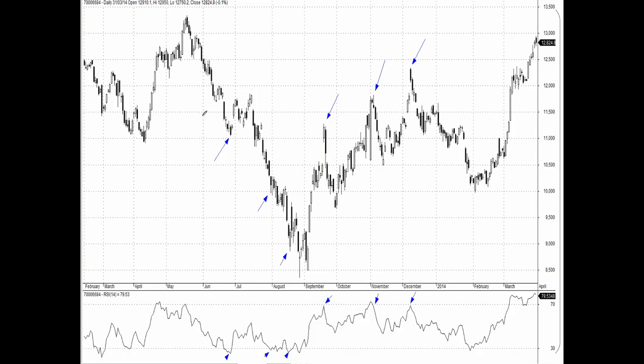Now one more observation you can make here: every time the market has become oversold, the prices have posted new lows. And every time the market has become overbought, the prices have posted new highs.